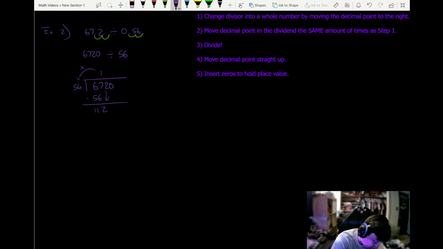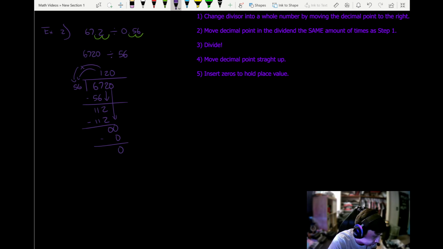Now how many times does 56 go into 112? Twice. 2 times 56 is 112 right on the dot, so that's 0. But we still have this 0 up here we need to deal with, so we drag it down. How many times does 56 go into 0? 0 times, and 0 times 56 is 0, and we subtract. And we have 0 down here again.